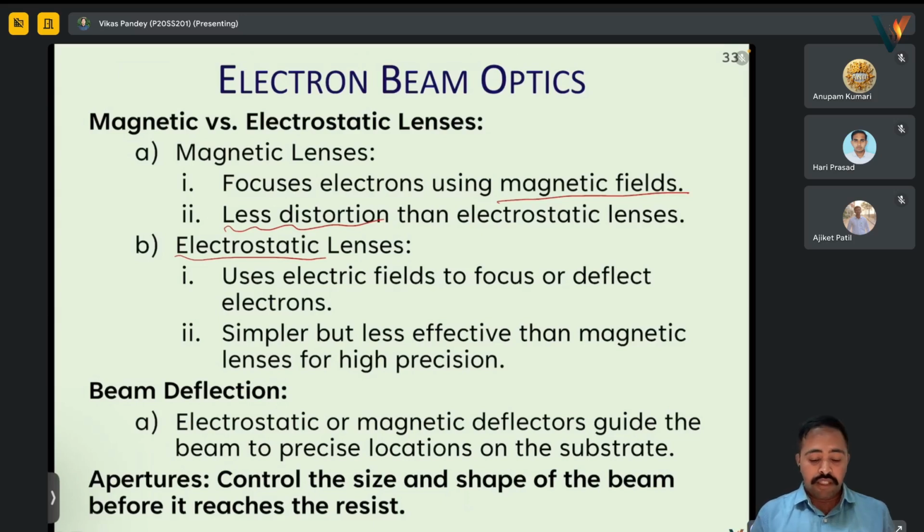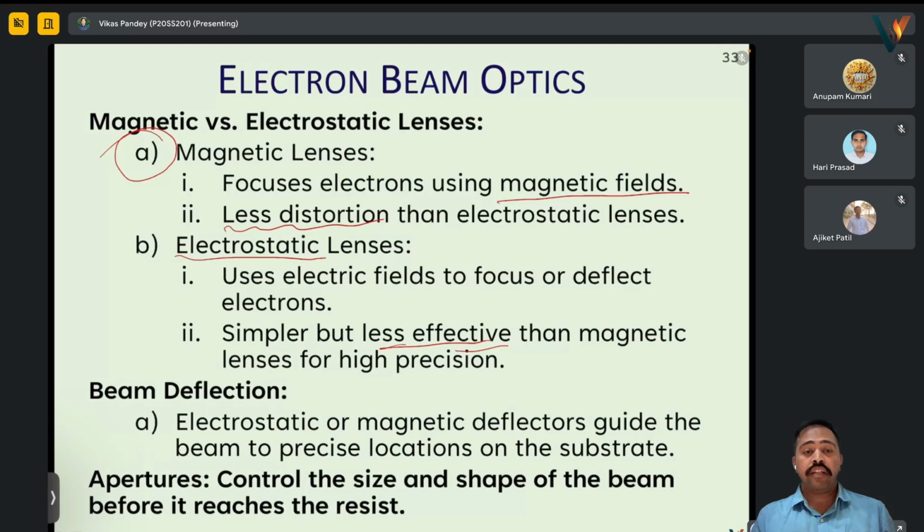Although it is simpler, it is less effective than the magnetic system for high precision. So for high precision, we can go for magnetic lenses, and as a good source, compared to a thermionic source, field effect sources are better, because no heat is involved.